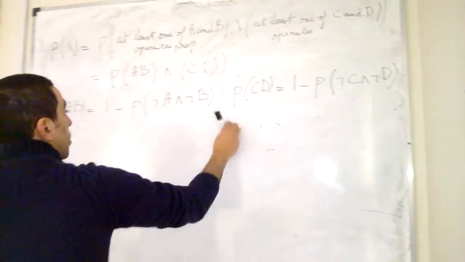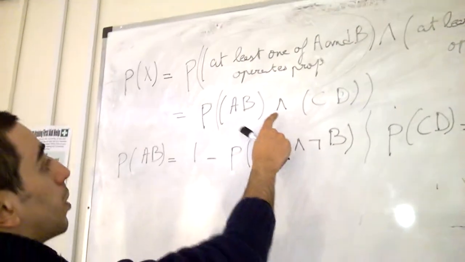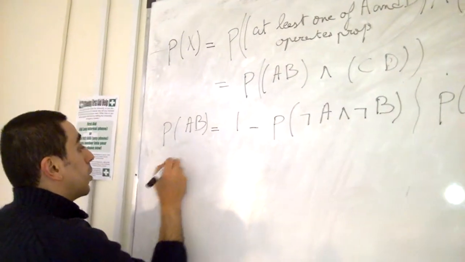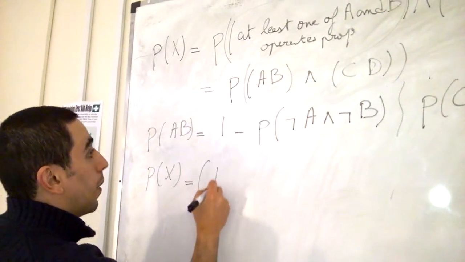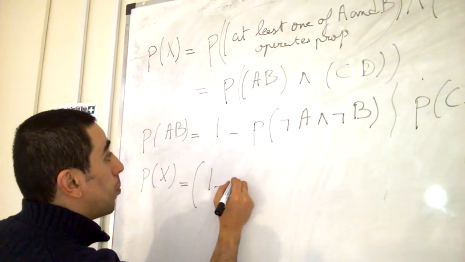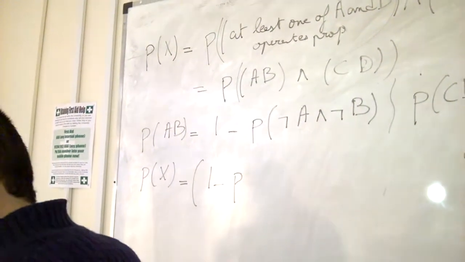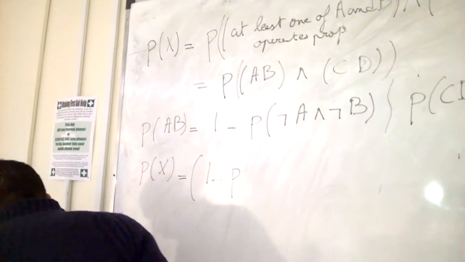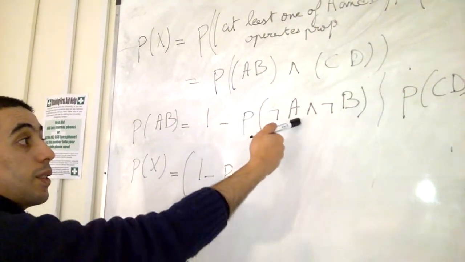Now all we have to do is, because here we have an and, we have to multiply them. So P(x) is equal to 1 minus P(not A)... 0.99, isn't it? Not A is 0.1.